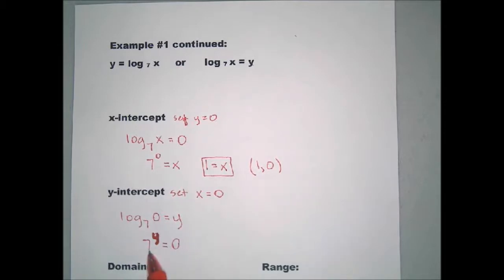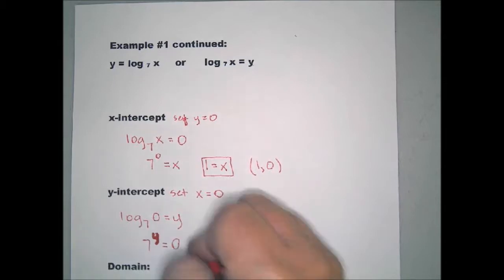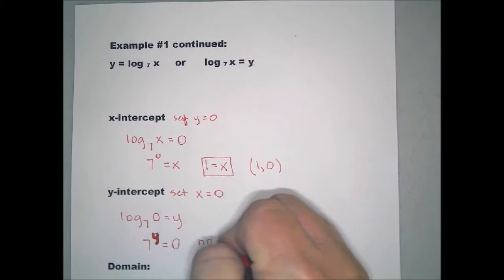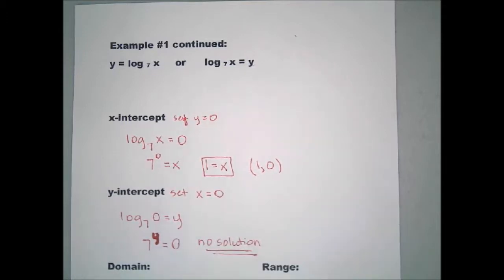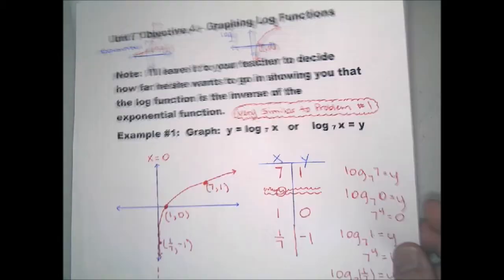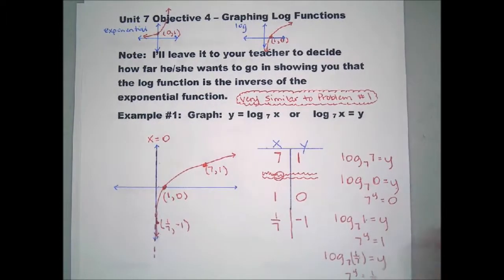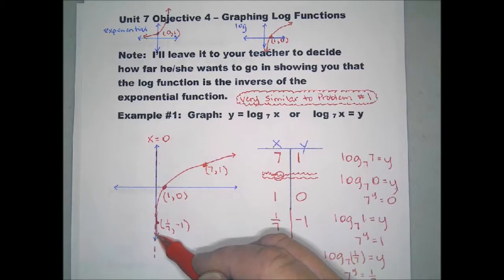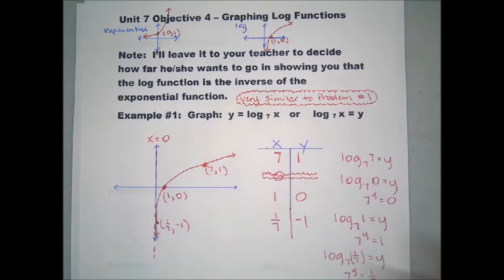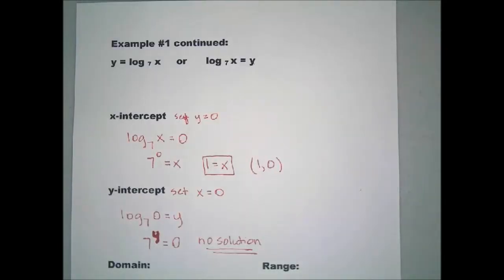Now, what power turns the number 7 into the number 0? There is no power, no solution. So what we just figured out was there is no y-intercept to this graph. It never does cross the y-axis. And that's what our graph told us too, that it gets closer and closer to the y-axis, but it never does cross the y-axis.